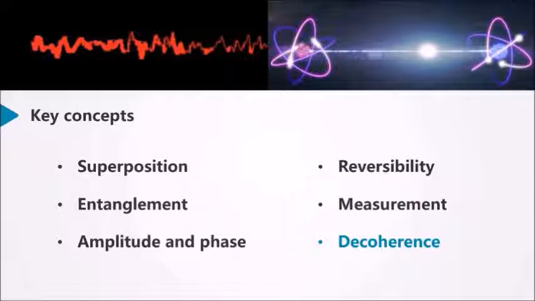Decoherence is the creeping of errors into quantum states. This refers to the state of an isolated quantum system where errors creep in, whether human error or any deliberate errors creeping into quantum states.